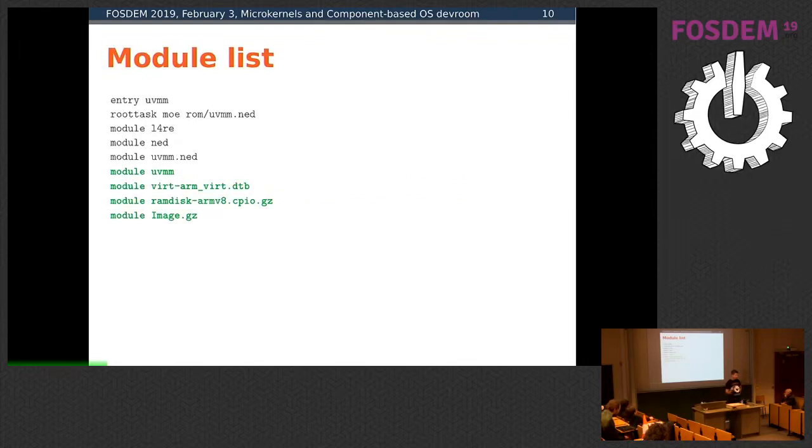This time it will be the UVMM binary, which is the user space virtual machine monitor used in L4Re systems, the UVMM net script, and also a binary device tree, which will be used by the Linux guest, and a RAM disk, and also a Linux kernel image.